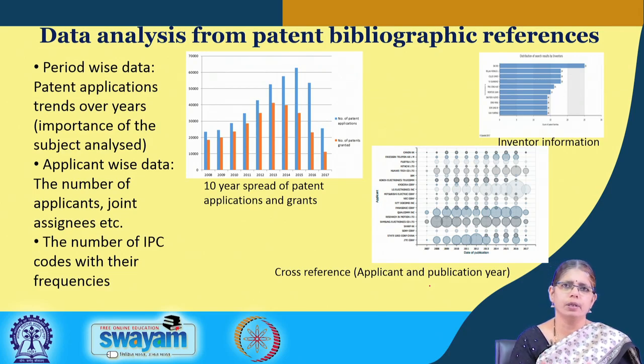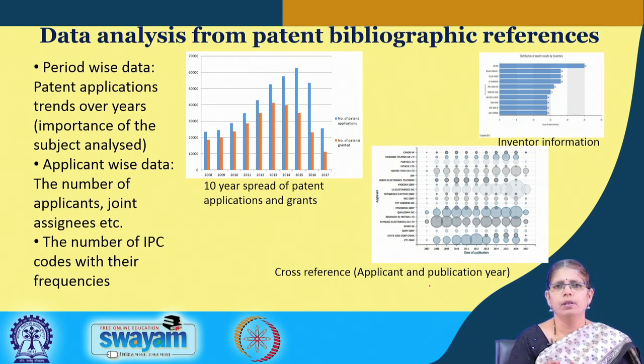How is this information helpful? Among the total set of patents that are available, you have year-wise information in relation to that particular area. It is also telling us the number of granted patents in a given area.